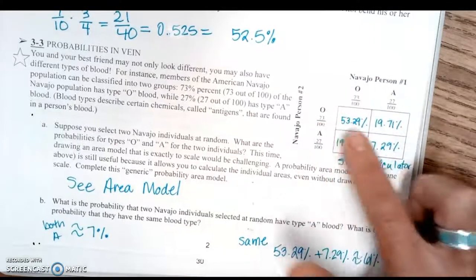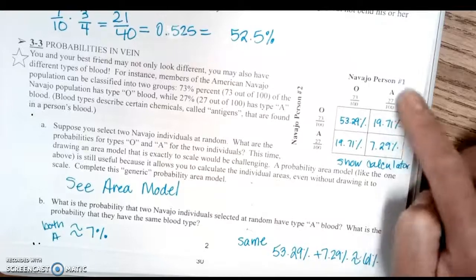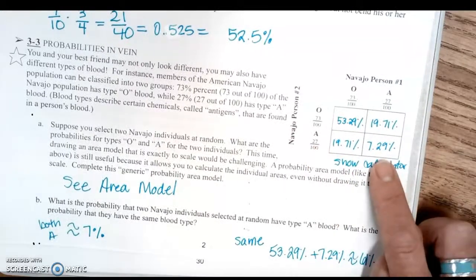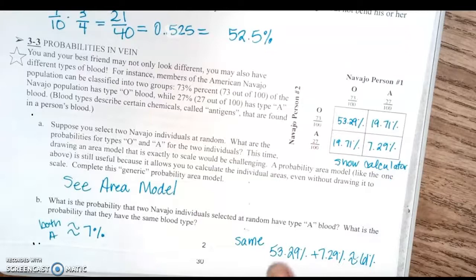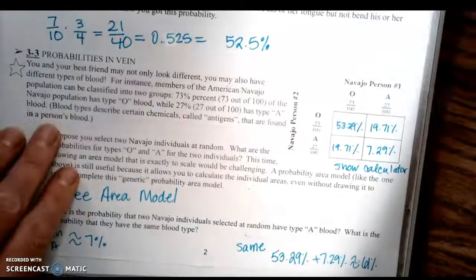So if they have O and O, it's roughly 53.29, and if they have A and A, it's 7.29. Add those two together, it's 61%. Okay? Anybody still writing? All right, turn over to the top of page 3.